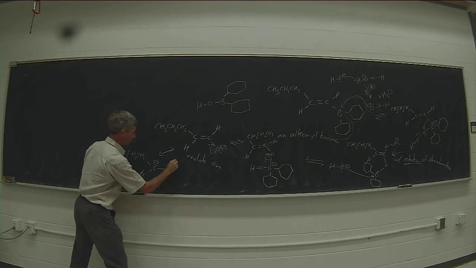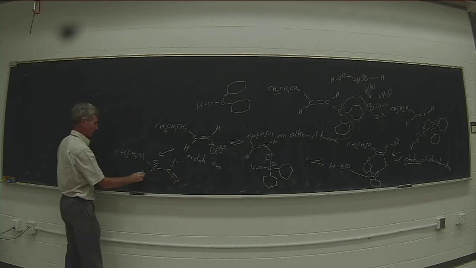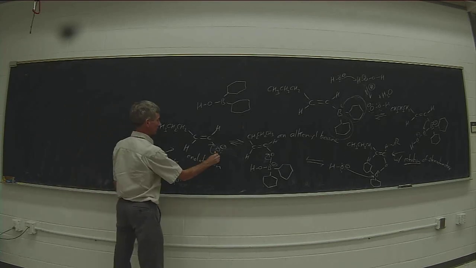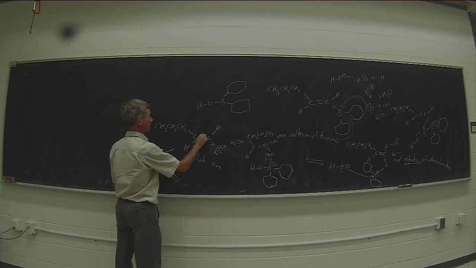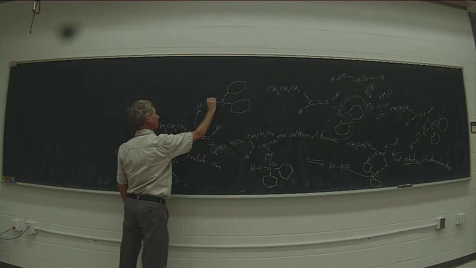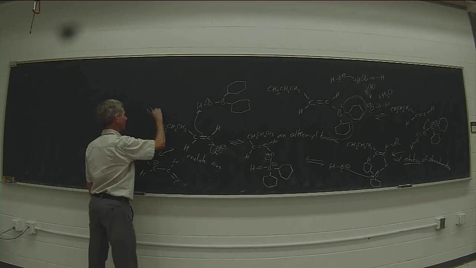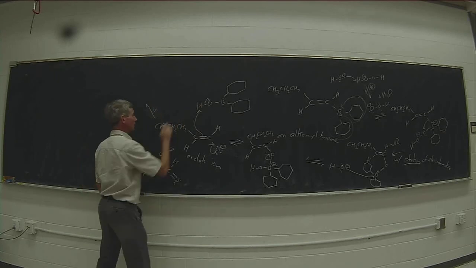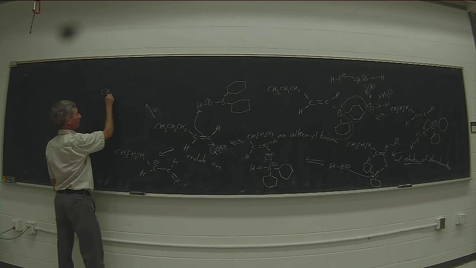So if you're more comfortable, you can certainly draw this resonance structure and have the carbon anion directly attacking, but I'm going to show the pair of electrons from the lone pair on oxygen coming in to form the carbonyl at the same time as this pi bond removes the hydrogen from the boric acid ester. And that equilibrium lies, because of the acidity of the boric acid, way towards the product, the aldehyde.